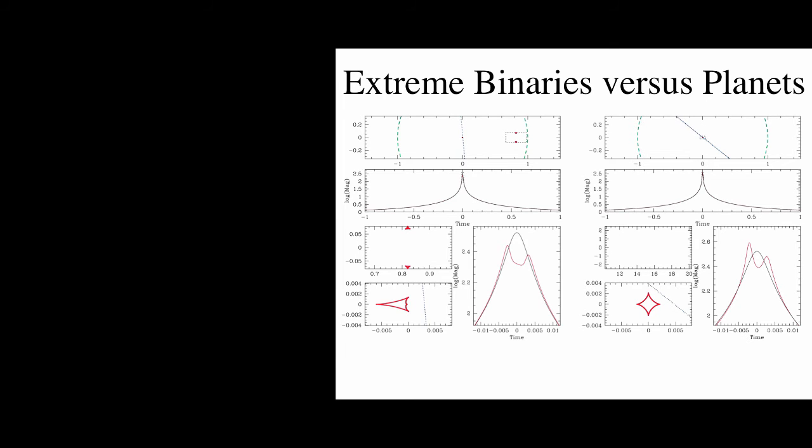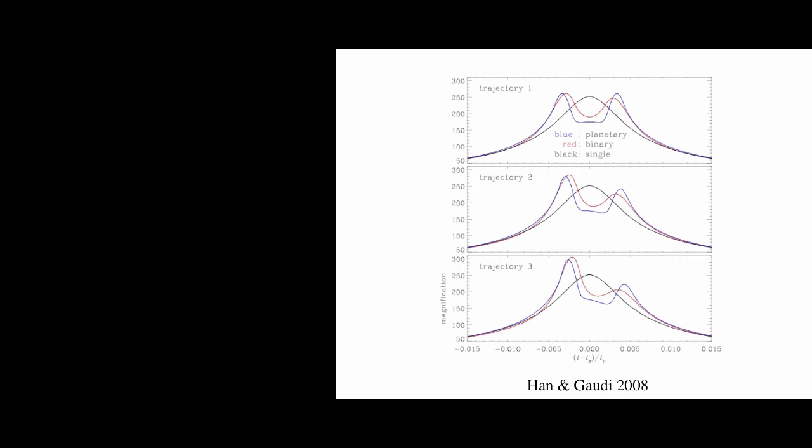So this leads to a sort of degeneracy. Maybe it is a mathematical degeneracy, I can't remember. Anyone know? Is it a mathematical degeneracy, Dave, or is it just an accidental degeneracy? I think it's accidental, yeah. So you can get double horn peaks due to either a planet or a binary.